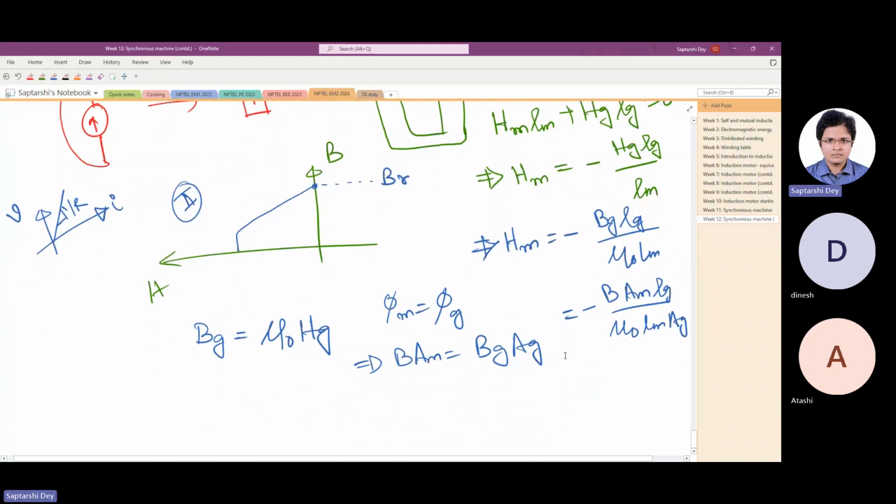So now if we write this equation in a clean way in y equals mx format, this H is the H of the magnet and B is the B of the magnet.